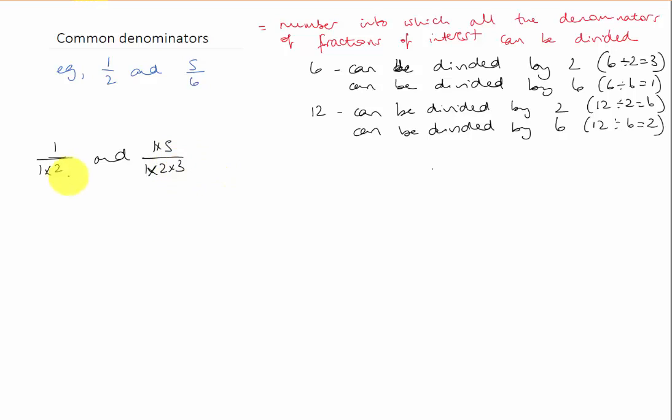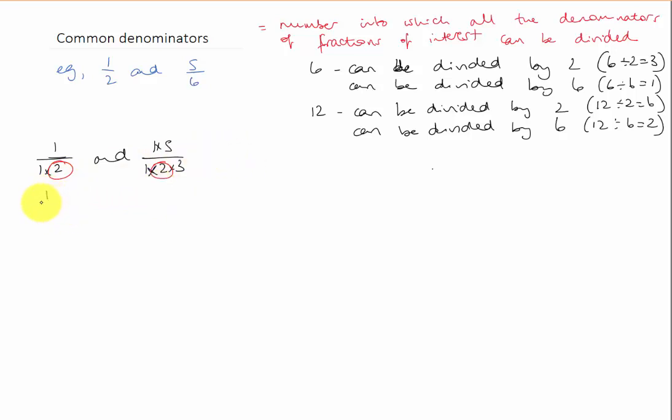And you can see that we've got this 2 in common here. So to change from this 1/2 to something in 6, we have to multiply the denominator by 3. And then we also have to multiply the numerator by 3 so that we don't change its value. And that will give us 6, which is the value of the denominator of the second fraction.